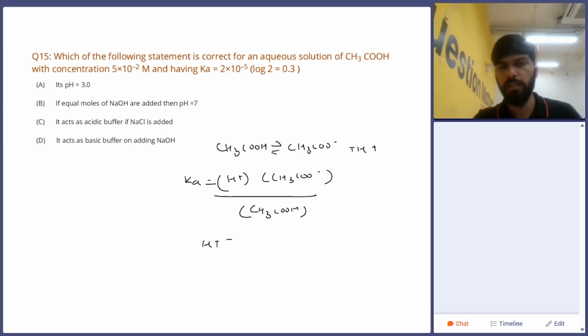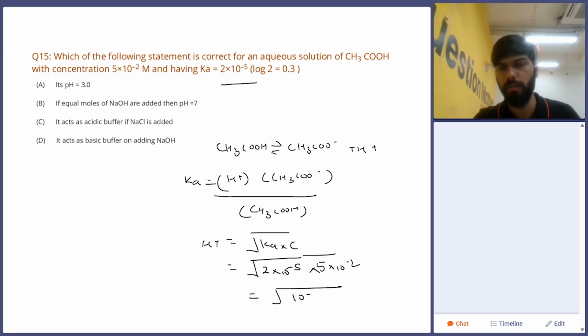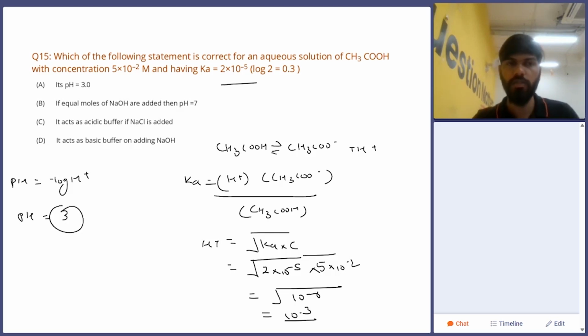Now the H plus concentration is the square root of Ka into C. The Ka value is given, 2 into 10 to the power minus 5, and the concentration is 5 into 10 to the power minus 2. So it gives 10 to the power minus 6, and after taking the root, 10 to the power minus 3. pH is minus log of the H plus concentration, so pH is equal to 3. The right answer is option A.